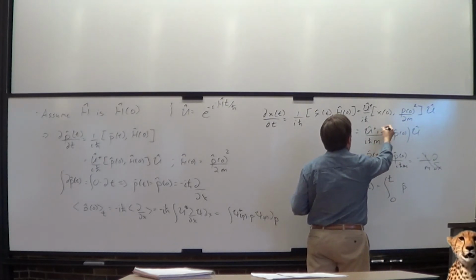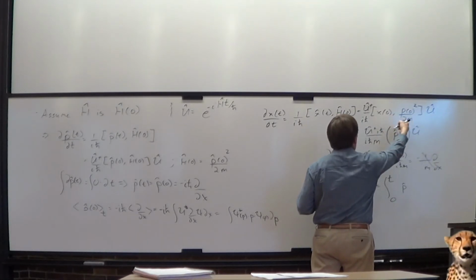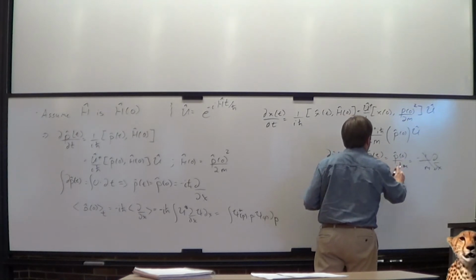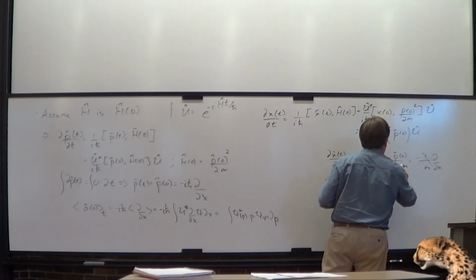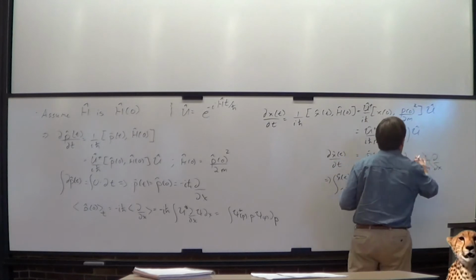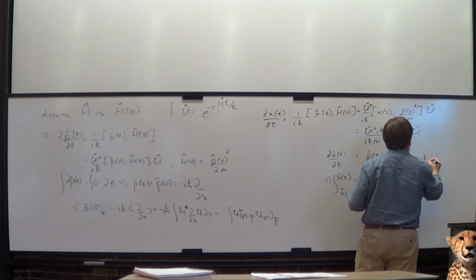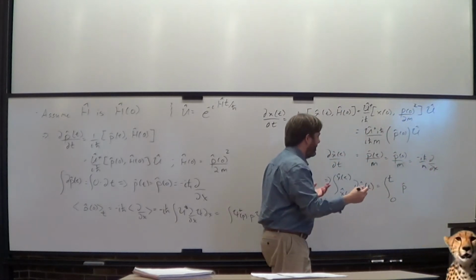No. I have an i h bar here, don't I? Sorry. It's the derivative times i h bar. Yeah, definitely there was something wrong. Yeah, sorry. So, as I was bragging before, I can do this from memory, apparently not. Okay, there we go. Sorry about that.